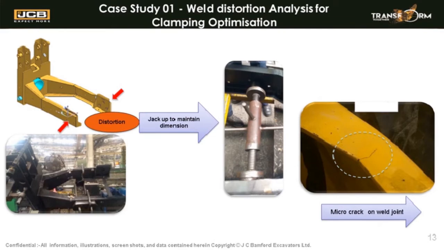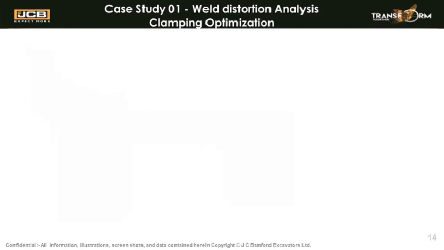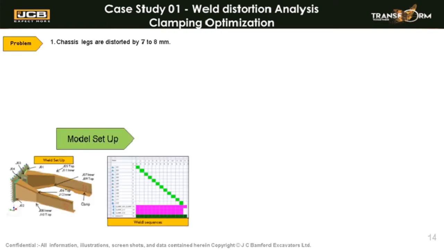Now, experience showed that there would be deformation, but this simply could not be quantified until we had a physical prototype. So we have a chassis distortion of about 7 to 8 millimeters in reality. We created a model. We defined the weld sequence, and it's maybe not clear on the slide, but you can see each one of these is a weld, and this is when they are applied in sequential order.